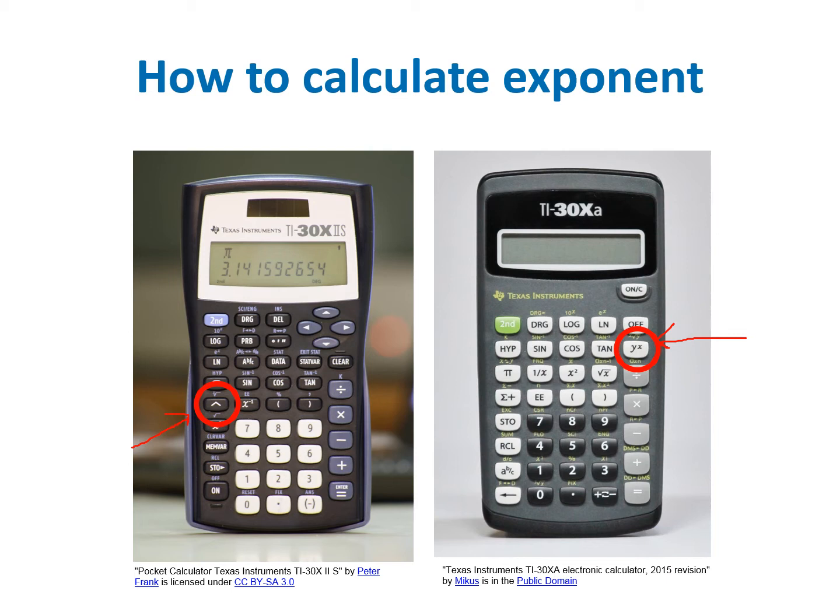If you're using a calculator like the one on the right where you have the y raised to the x power type of button, then you're going to have to do a little test to figure out what's going on. It's a real simple test. Put the number 2 in your calculator, press the y to the x power button, and then put in a 3.